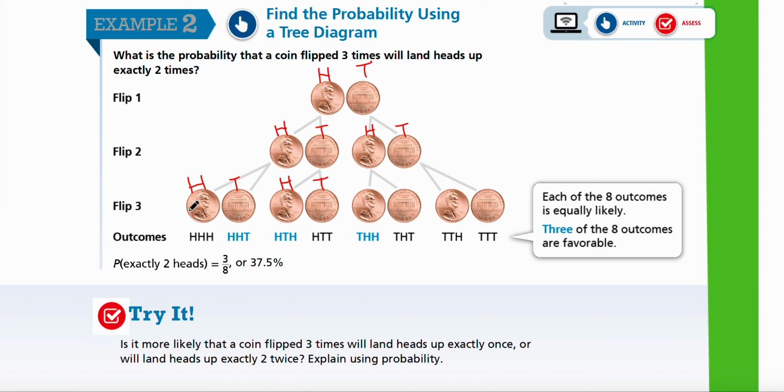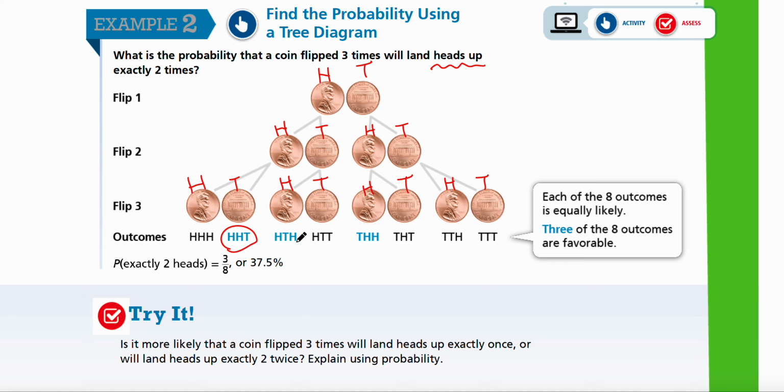You can have HHH, or HTH, or HTT, or HHT, right? So all these different outcomes in order. The outcomes using the initials would be all these different things. And we want heads up exactly 2 times, and it doesn't matter which order they are in.